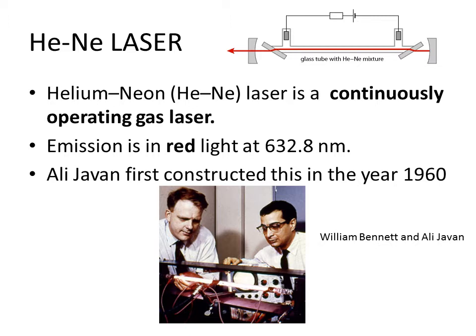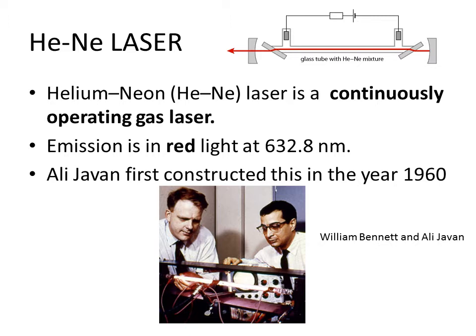And the active center, previously we know in the case of ruby it is the chromium ions which are the active centers. So here it is the neon atoms which are the active centers. And what is the role of aluminum oxide in the previous case? Like that, helium also has a role here, but helium is playing a more important role in the helium neon laser.